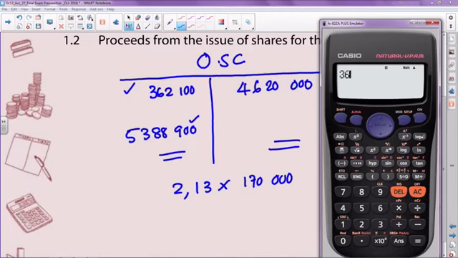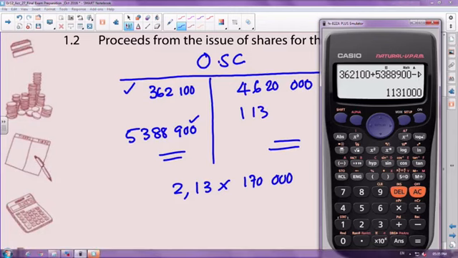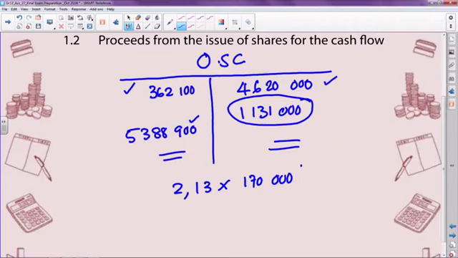So it's 362,100 plus 5,388,900 minus 4,620,123, and that gives you a figure of 1,131,000. And this, grade 12s, is now what we call the proceeds of the new shares that were issued.